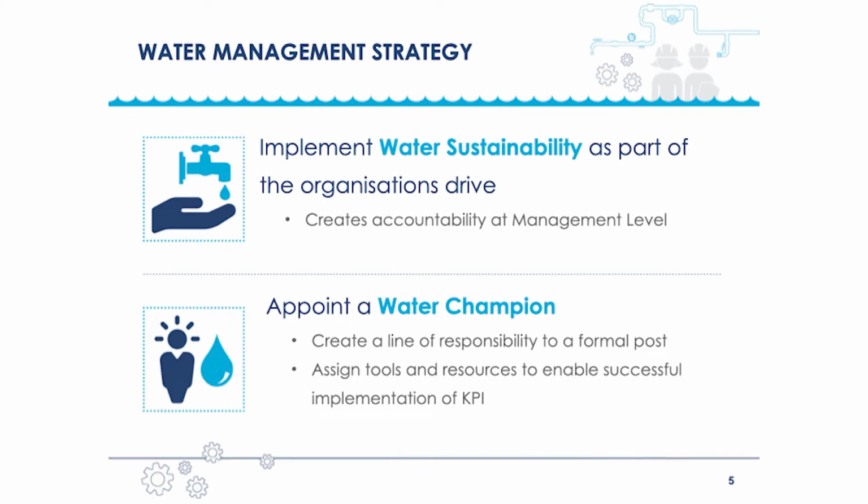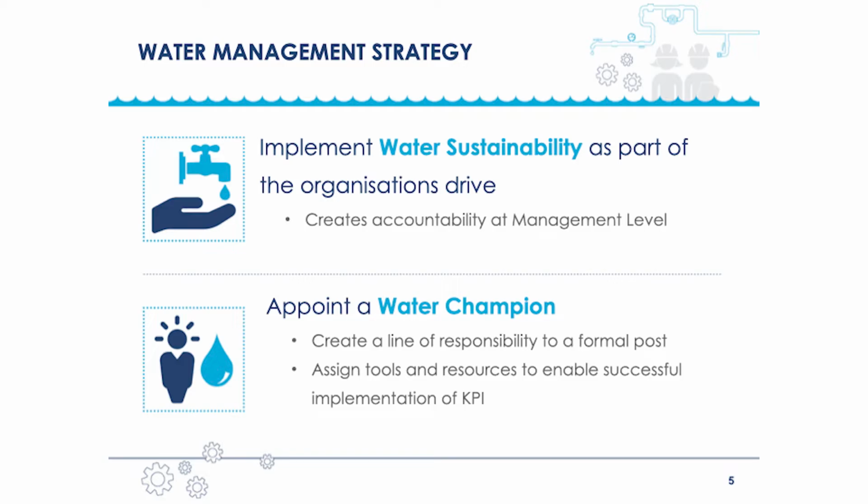A water management strategy should be the first thing to do for management of any organization. It should identify water as one of the key pillars and strive for a water sustainable environment. They should create accountability from the management level.